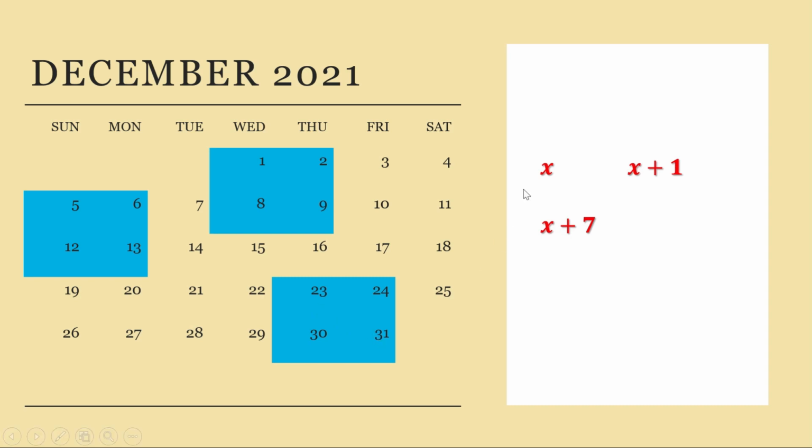Therefore, if x is the first number, the fourth number is x plus 8. When we add 7 to it, we get the same day in the next week. Again, if you add 1 to it, we get the next day in the next week. So let us take the four numbers as x, x plus 1, x plus 7, and x plus 8.